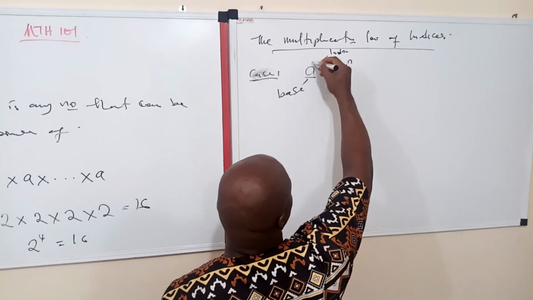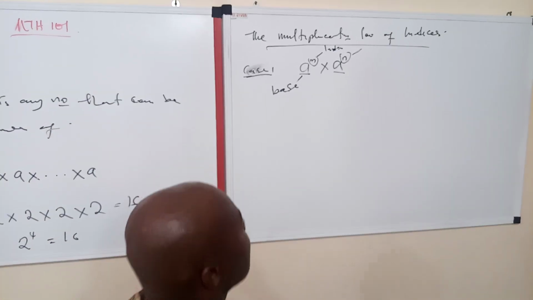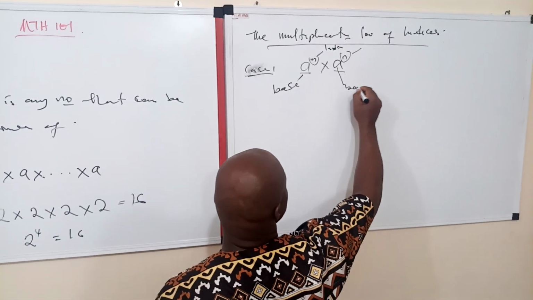These ones here you can call index, power, or exponent, whereas these ones here are the bases.